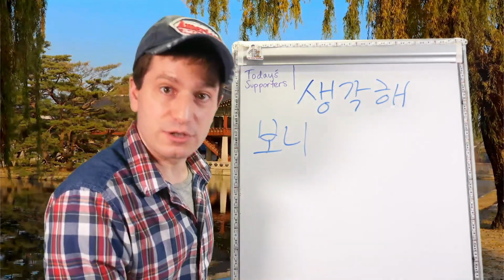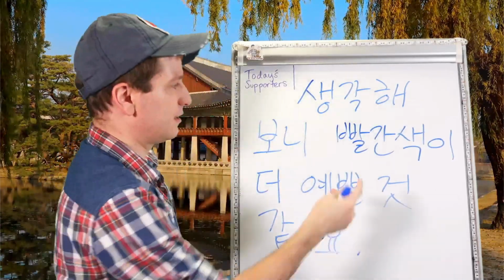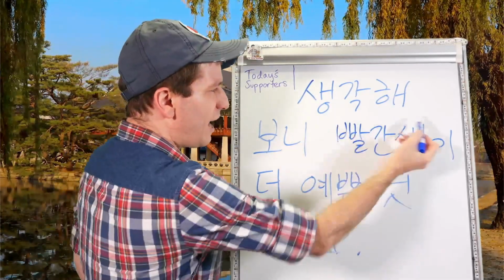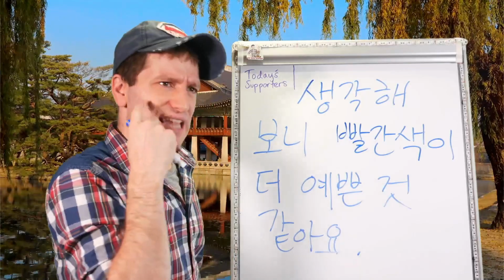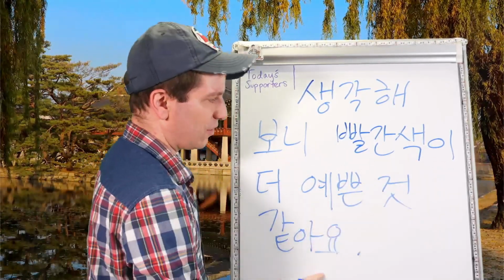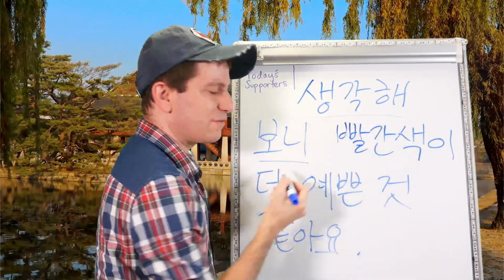생각해보니 or 생각해보니까. Most often you'll hear 생각해보니까. 생각해보니 빨간색이 더 예쁜 것 같아요. So I tried thinking about it. So after I tried thinking about it for a bit, I realized that 빨간색 is red. 빨간색이 더 예쁜 것 같아요. I think red is prettier. Although literally this means I realized after thinking about it.